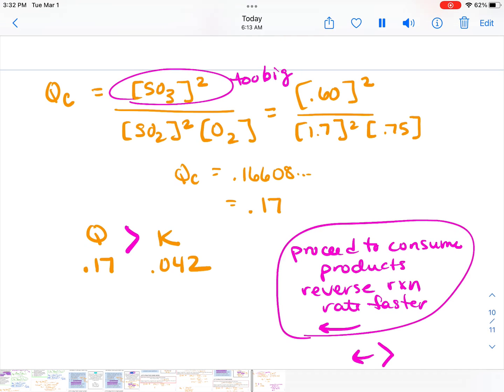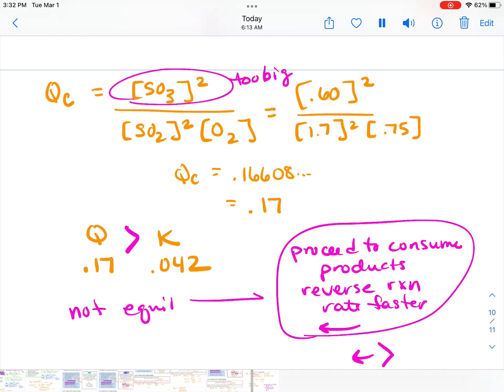You have to explain it like this, but you can use this as your knowing or in the multiple choice. So at this point we can say that no, the reaction is not at equilibrium and that it will proceed to consume the products, or the reverse reaction rate will be faster, or it will proceed to form reactants, etc., as it reaches equilibrium.